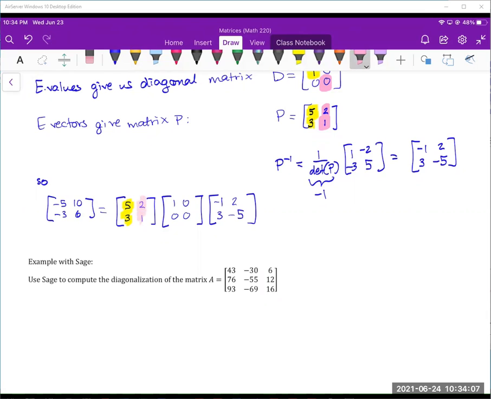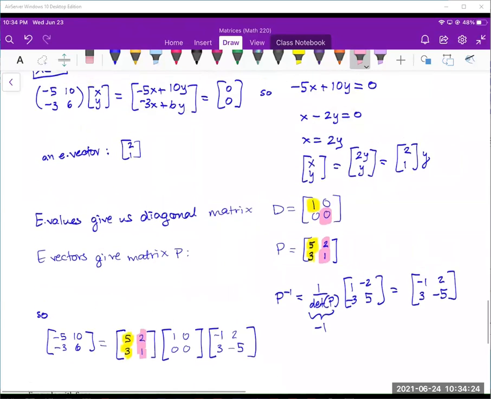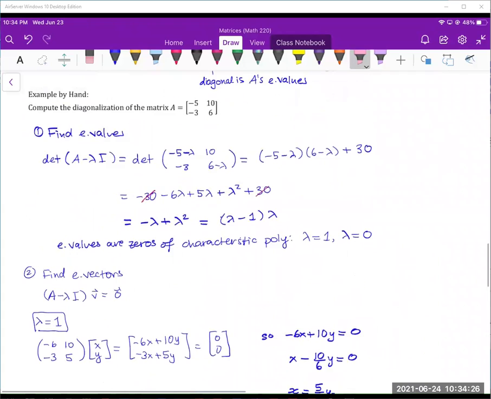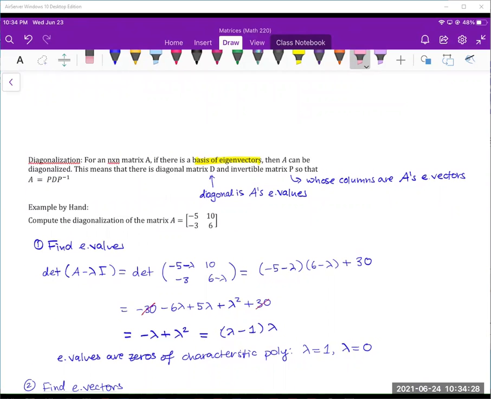If we look in the direction 2, 1, what happens to our eigenvector? It just gets squished to 0. So the image of multiplying by this map is just a line. All right, so this was kind of a lengthy process. Next, we're going to show how to do this kind of computation using Sage.